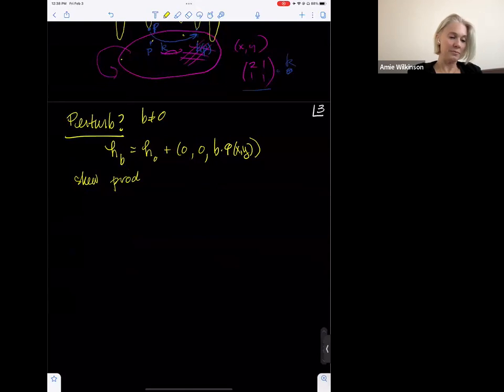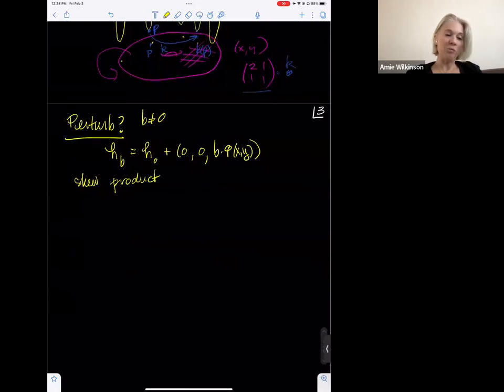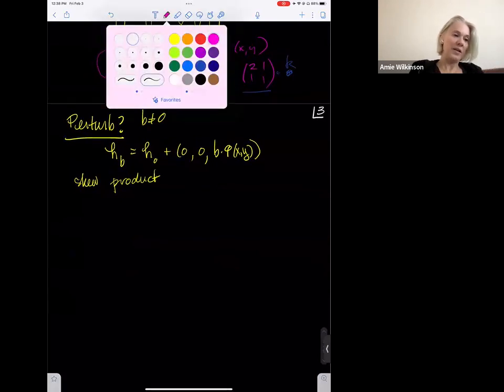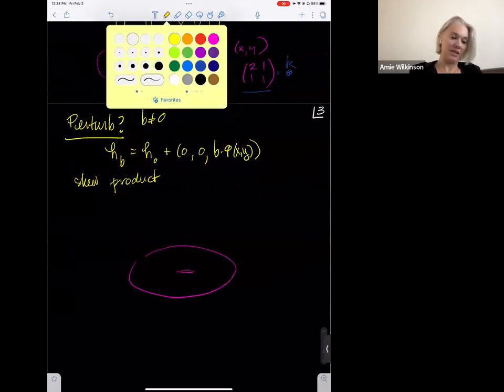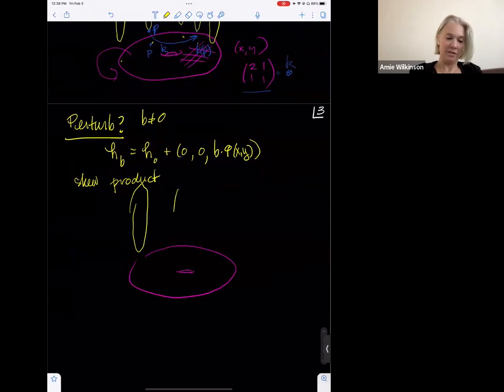And what does it do? It does the same thing. It doesn't change the action in the base.